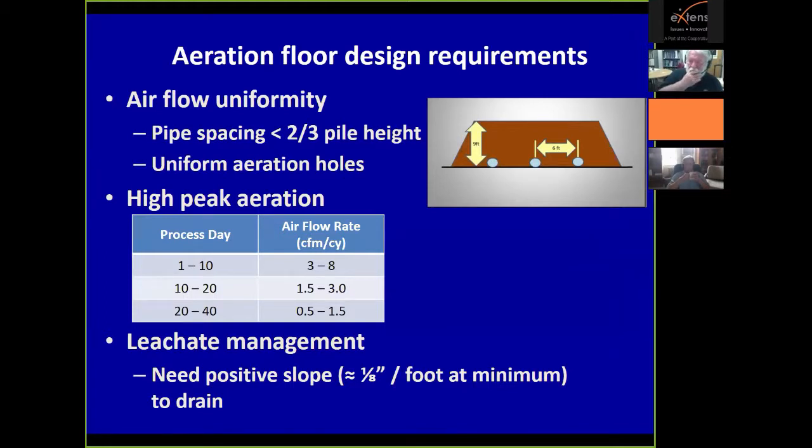And as we know, fruits and vegetables are largely water. When those plant cell walls break open, all that water inside the plant cell comes out. So there's a little bit of a flush of water in day 2 or day 3 or day 4 of a food waste pile. So you want to have at least some way of draining your pipes to get that leachate out.